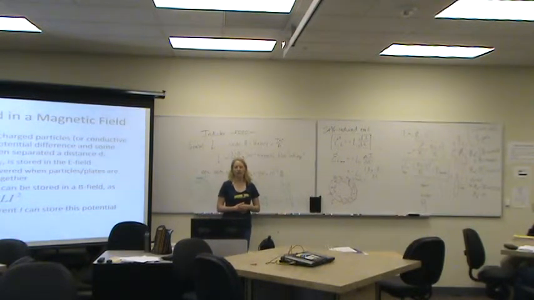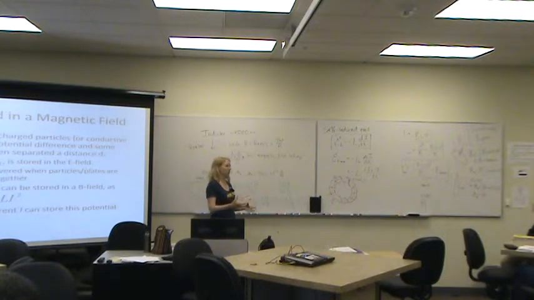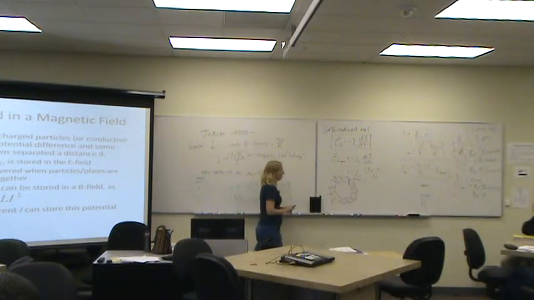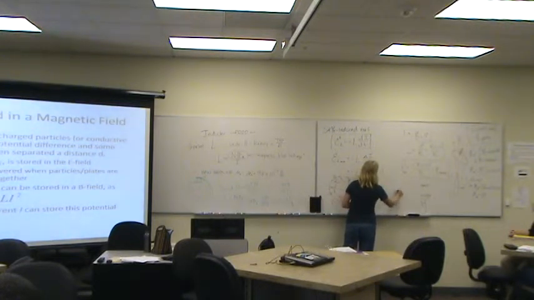In this case, instead of having a potential difference the way we did with capacitor plates, we're storing energy in the form of this B field. So the stored energy from an inductor, the equation for it is 1/2 Li squared, which I'm not remembering.